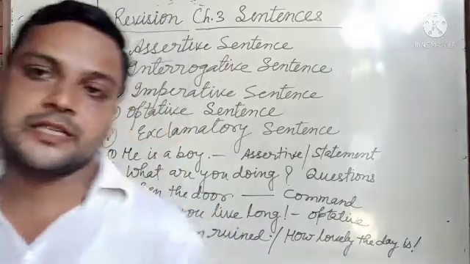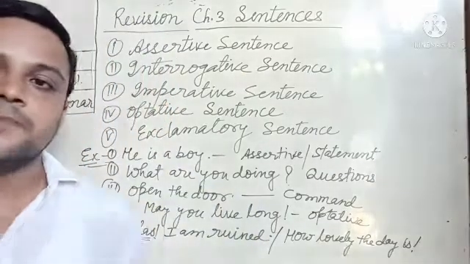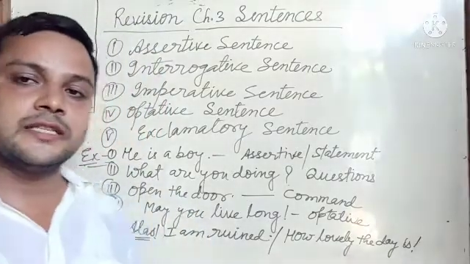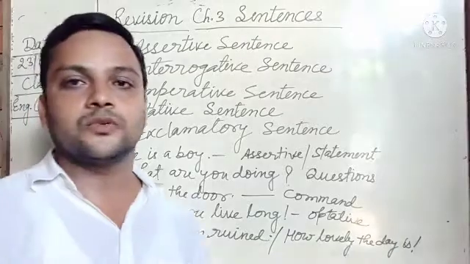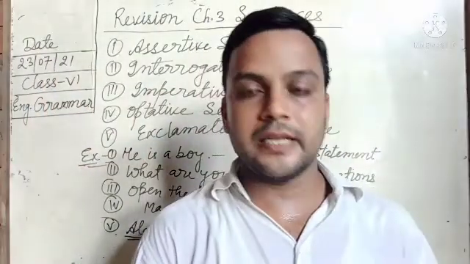Okay, when the sentence starts with what or how, then it ends with an exclamation mark, and when the sentence starts with any interjection, then it ends with a full stop. So these are the kinds of sentences and their examples.